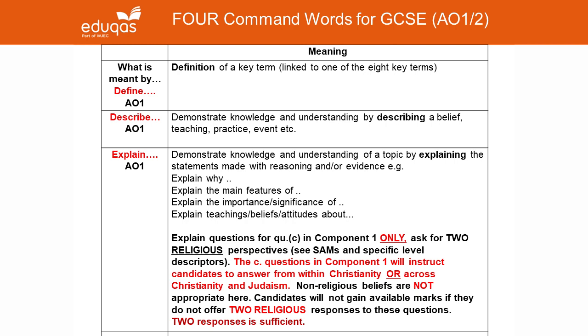However, the C questions in Component 1 only, that is, in both themes, origins and meaning, and good and evil, will ask for 2 religious responses, and for Route B candidates, the questions will be phrased thus: explain from either Catholic Christianity and Judaism, or from 2 Christian traditions, attitudes, beliefs, teachings, views, etc. on.